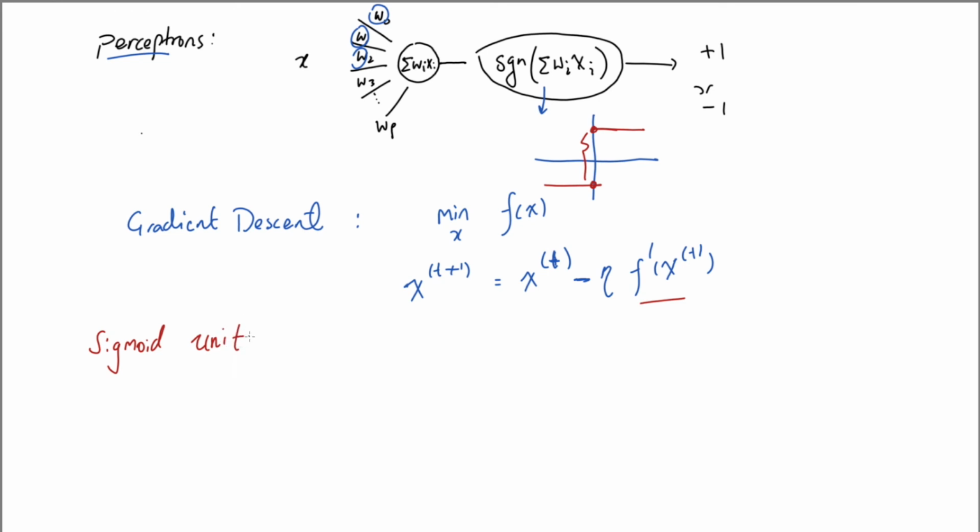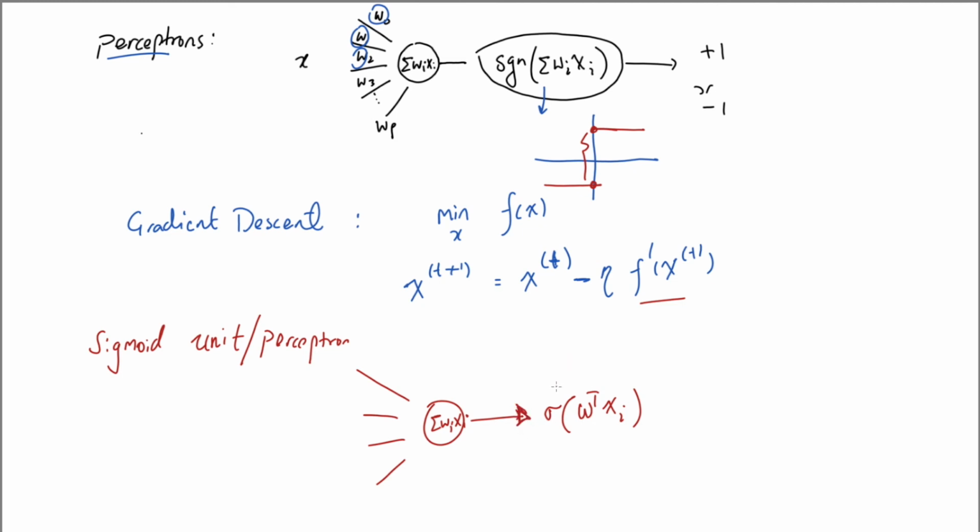The perceptron, you can think of as a single unit. The sigmoid unit, or sigmoid perceptron, has basically the same structure. It still computes the sum of wi xi, but now instead of passing it into the sign function, it passes it into the sigmoid function. I'm going to use w transpose xi instead of the sum just to make my life easier.